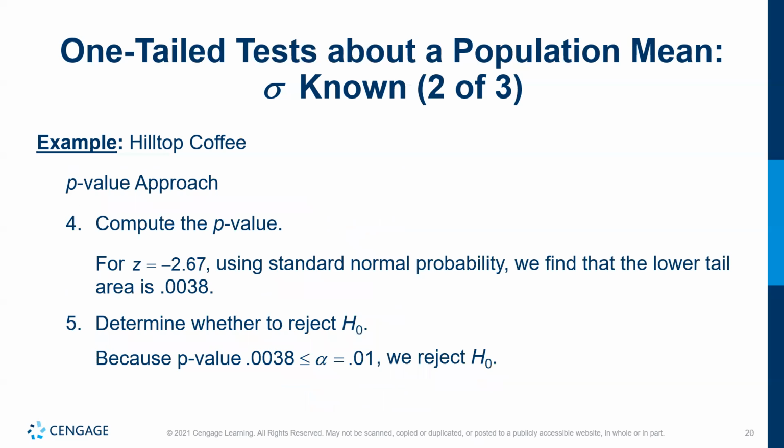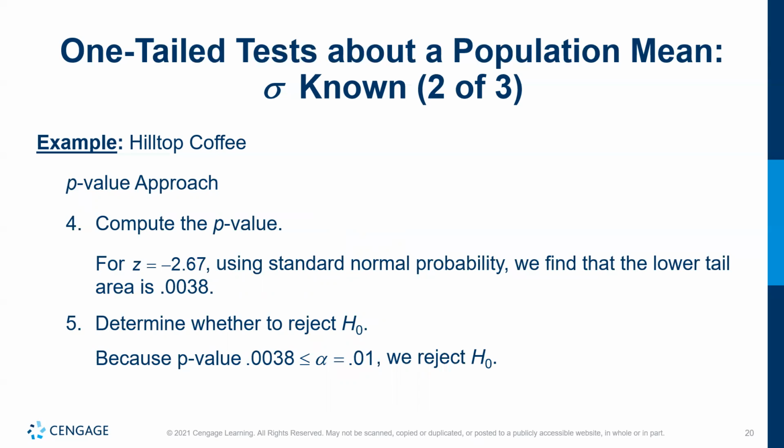With the p-value approach, we use NORM.S.DIST to find that the probability of it being that point or lower is 0.0038, or 38/100ths of 1%. Pretty small. Okay. So since our significance level was 0.01, which is going to be some point over here, we're going to reject the null hypothesis.